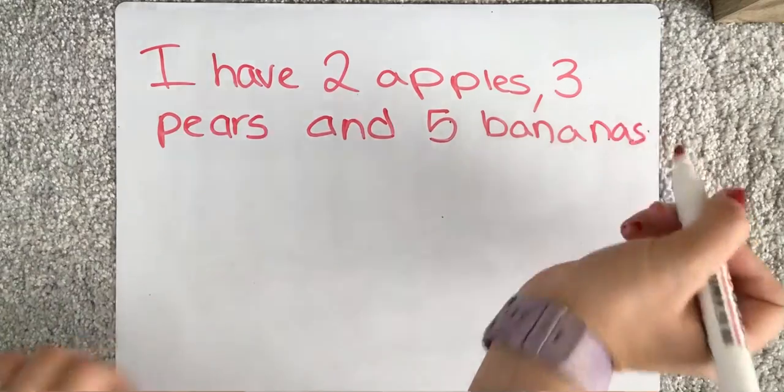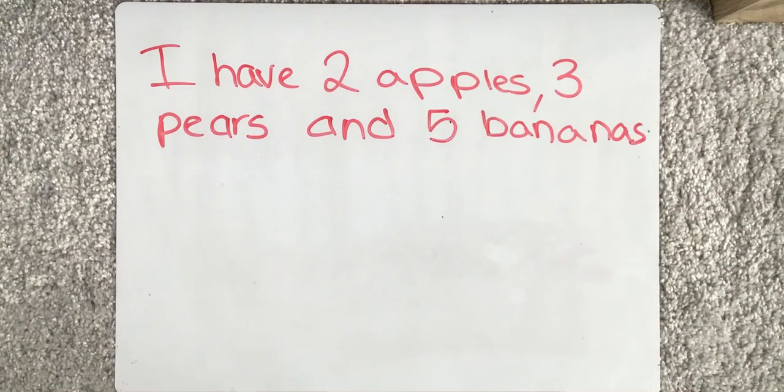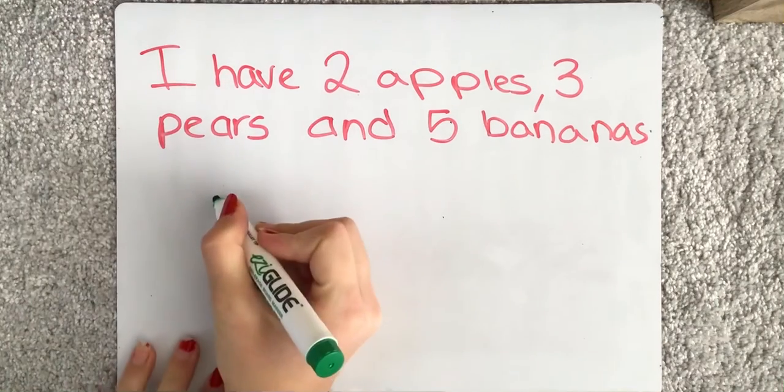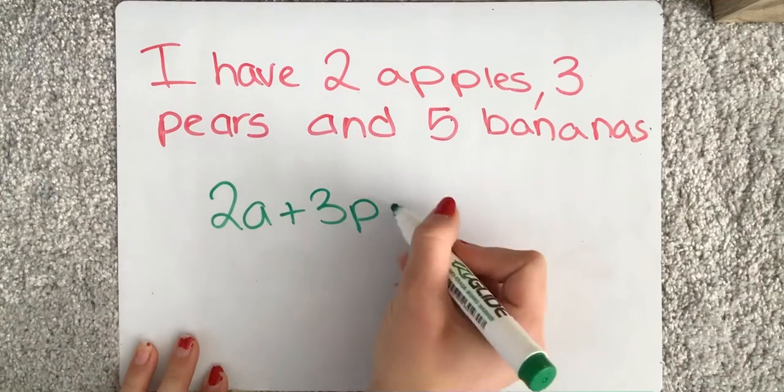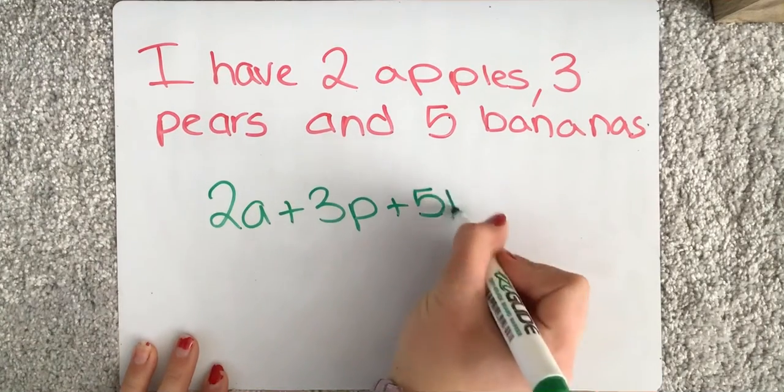B-A-N-A-N-A-S. Oh gosh, I can't spell anymore. Bananas. So, same thing, I'm just going to have slightly more. So I could have 2A plus 3P. And the obvious thing to do for the bananas is to make it 5B.